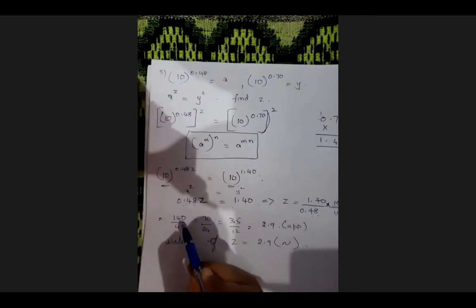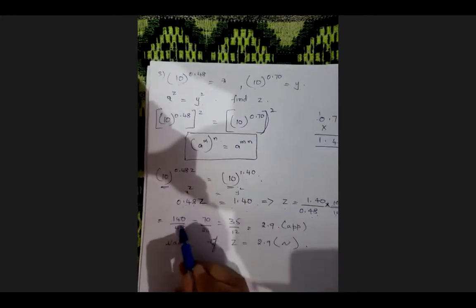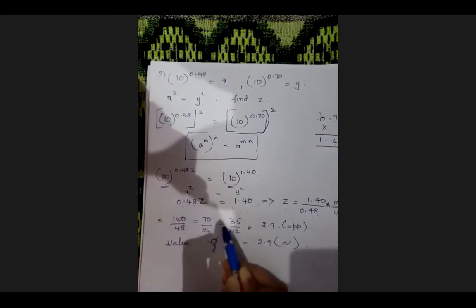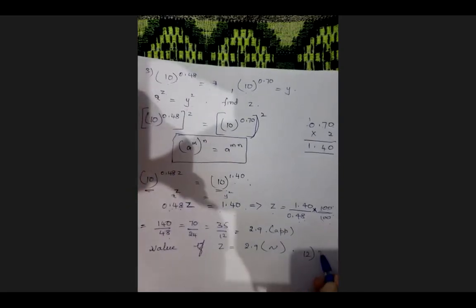So dividing and multiplying numerator and denominator by 100, we get 140 by 48. That is equal to, dividing by 2, 70 by 24. Again dividing by 2, 35 by 12. Now I am dividing 35 by 12. 2 12s are 24, 11, 11.9, isn't it?